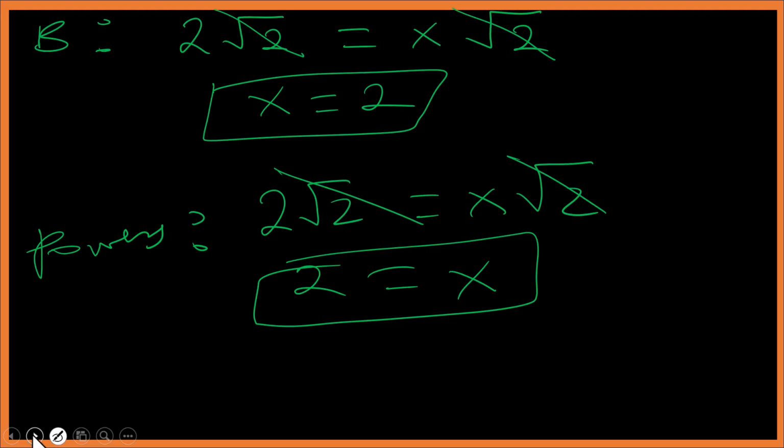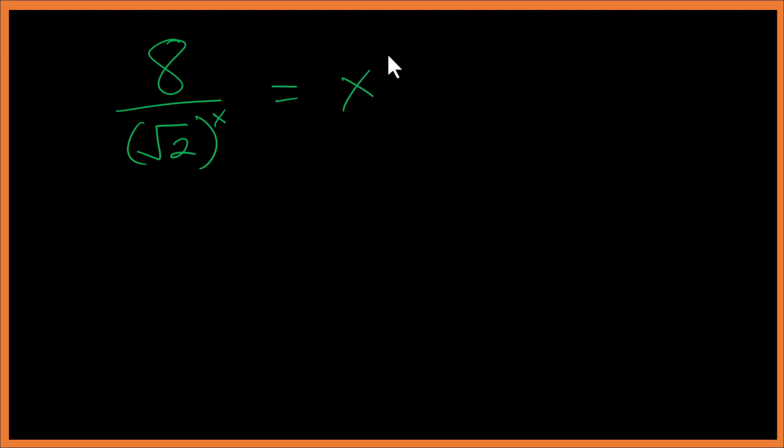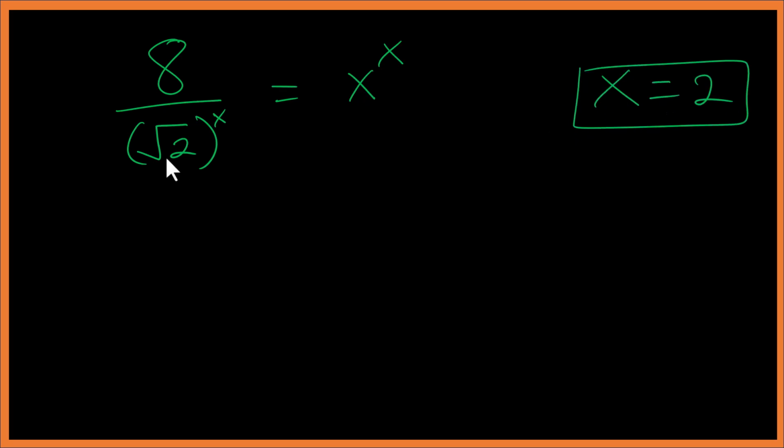Now let's verify. So we have 8 over root 2, raised to x, equals x raised to x, and we are saying x equals 2. Okay, so let's plug in 2 here.